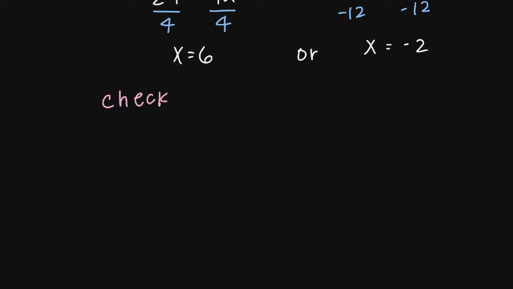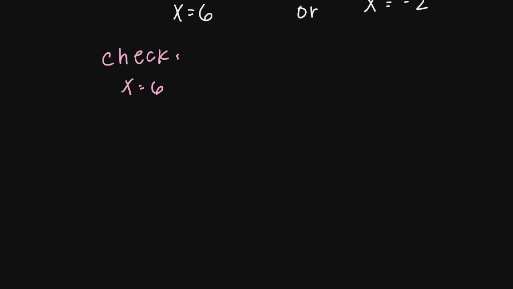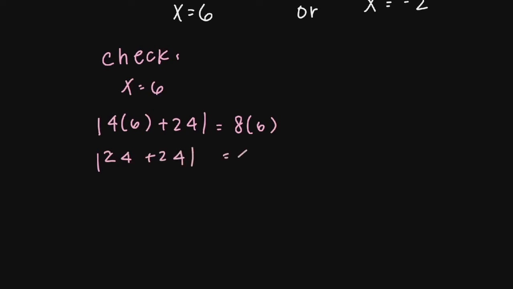So here's the check. Let's start with x equals 6. So we have absolute value of 4 times 6 plus 24 equals 8 times 6. So we get 24 plus 24 equals 48.